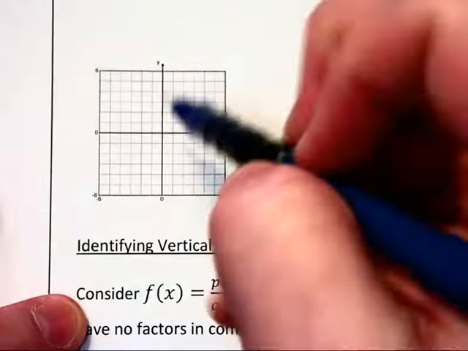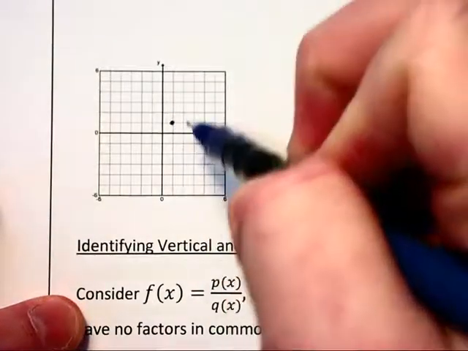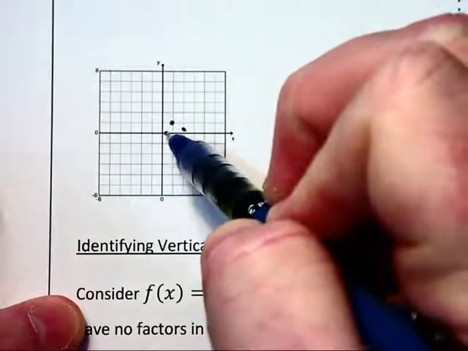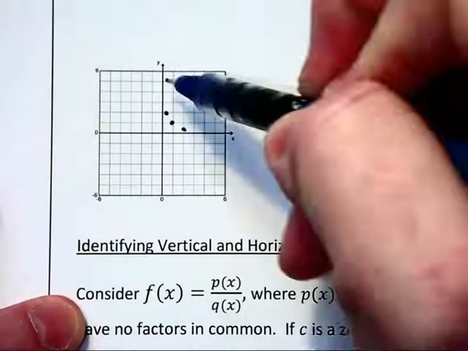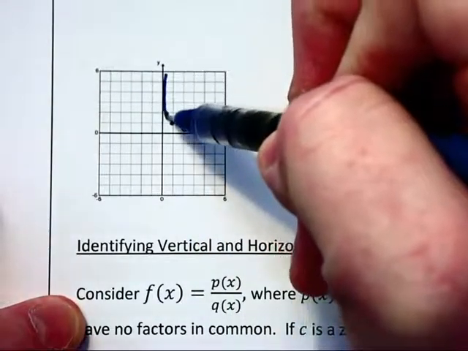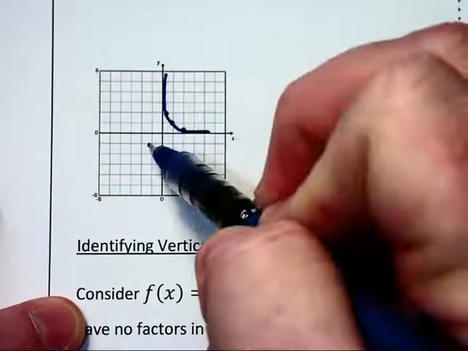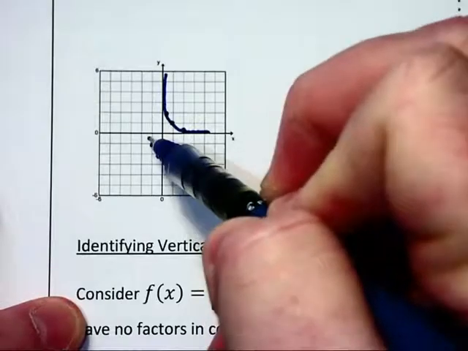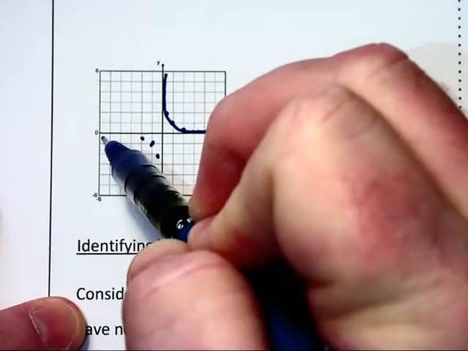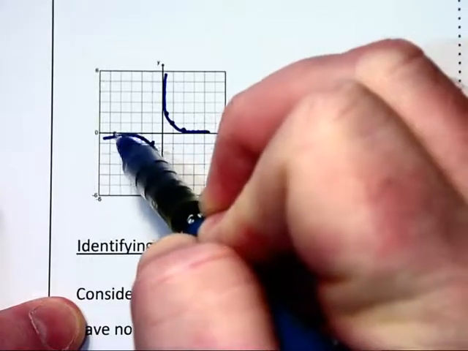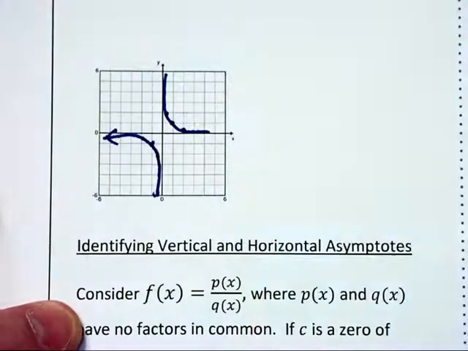Basically, 1 over 1 is equal to 1, 1 over 2 is equal to a half, and going in the other direction, 1 over a half is equal to 2. So you get this curve here, and you can never have 1 over 0, so there is a vertical asymptote at the y-axis. And it turns out that you have a horizontal asymptote along the x-axis.